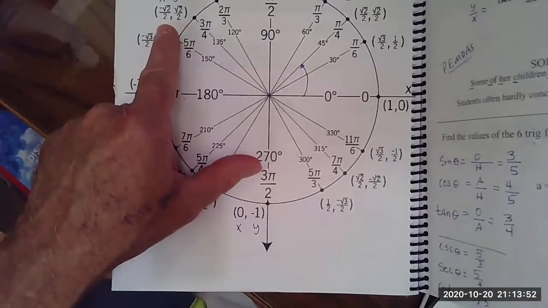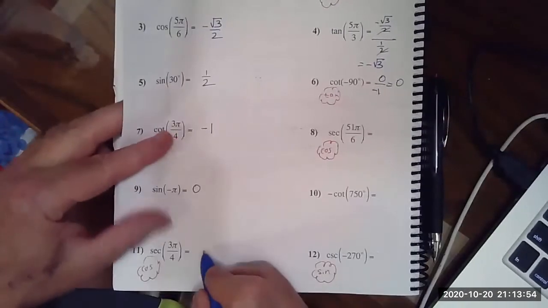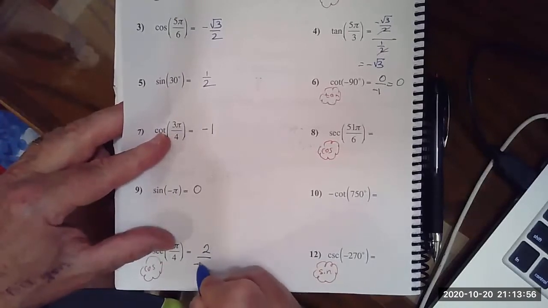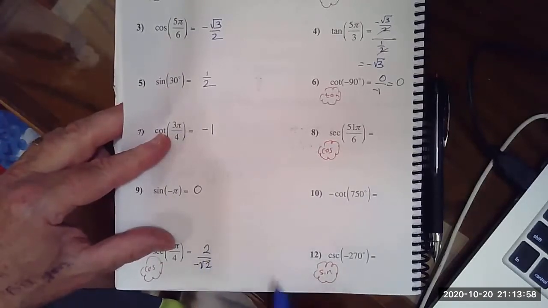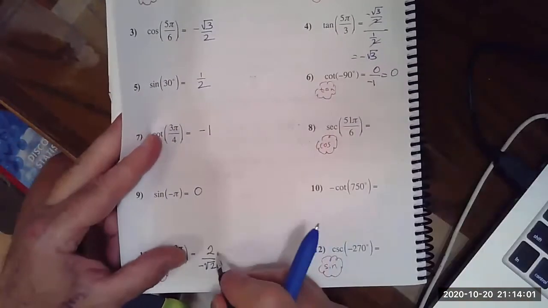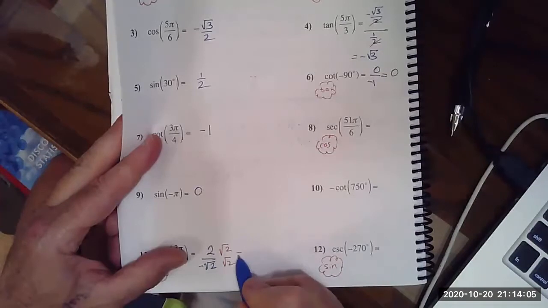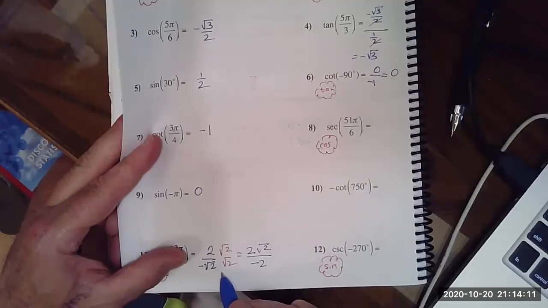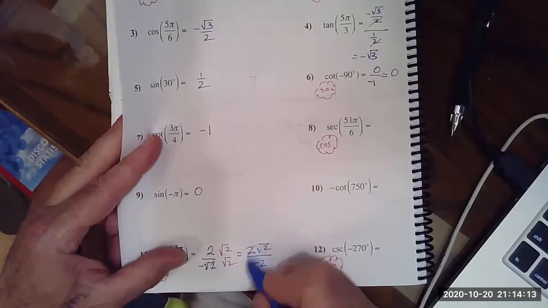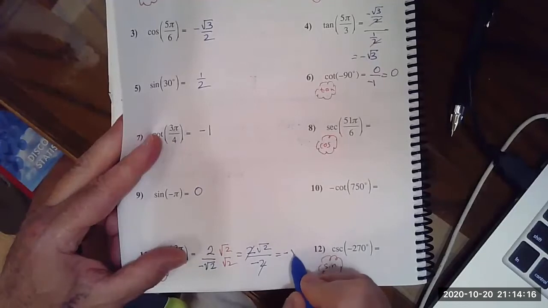That would be 2 over negative root 2. Root 2 top and bottom. So that would be 2 root 2 over negative 2, because root 4 is 2. So it looks like it's negative root 2 when I'm done.